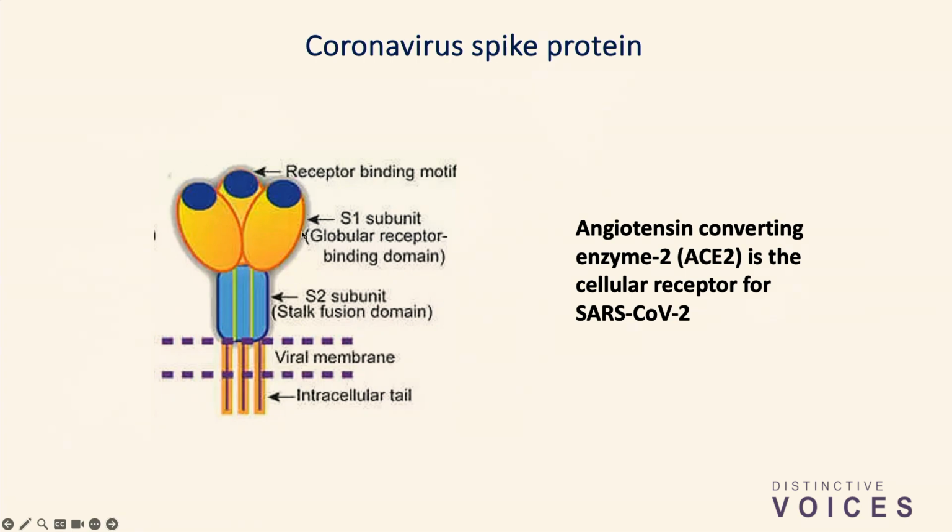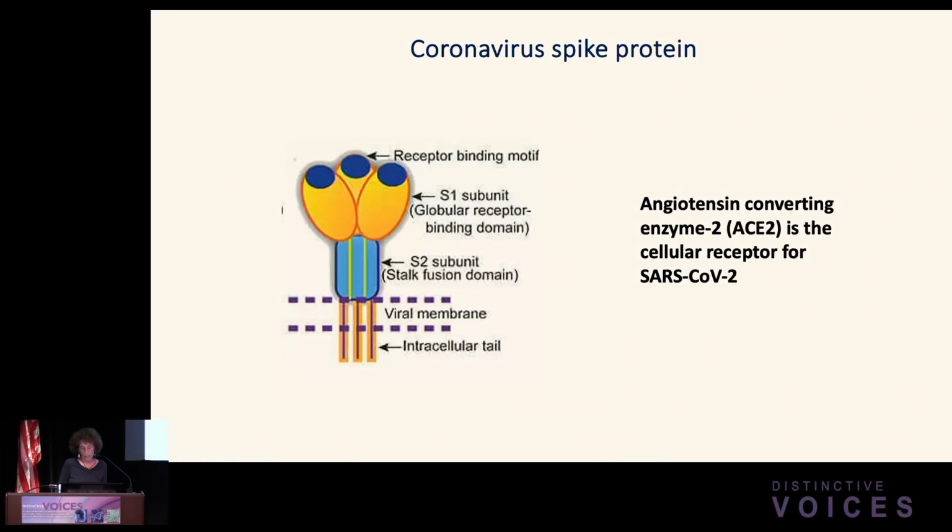At the top here is what's called the receptor binding domain, or the receptor binding motif, in the S1 subunit, this sort of globular structure, and this actually attaches to the receptor, which is called ACE2. You've probably heard of that. It's angiotensin converting enzyme. It's the receptor for SARS-CoV-2 and for SARS-CoV, but not for the other coronaviruses. Each coronavirus has its own receptor on the host cell.